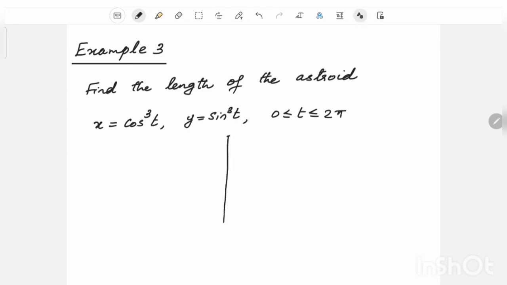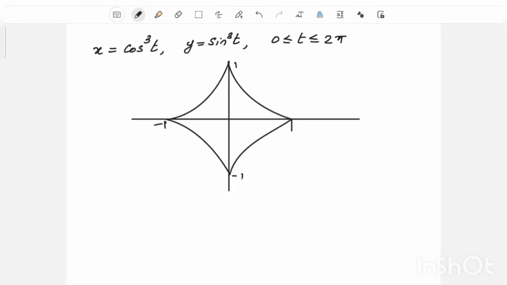So we have to find the length of this. Here this curve is symmetric about both x and y axis. So to find the length of the whole curve, it is enough to find the length of the curve in the first quadrant, and we can multiply that length by 4 to obtain the length of the whole curve.